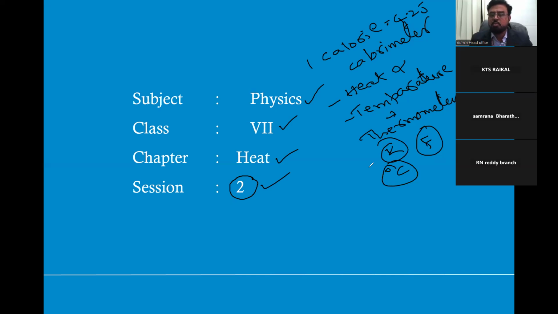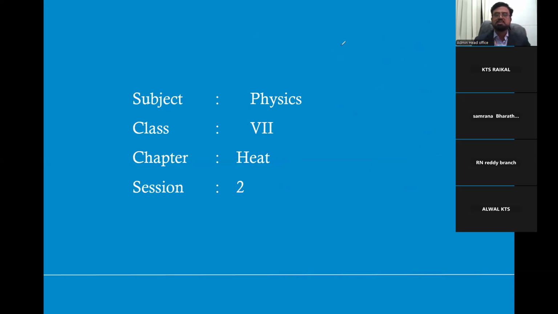Mercury is filled in it, and whenever the bulb is placed in hot water, the mercury rises to a certain level. 0 degrees is the melting point and 100 degrees is the boiling point. The markings made on the thermometer are called calibration. We discussed the construction of the thermometer.